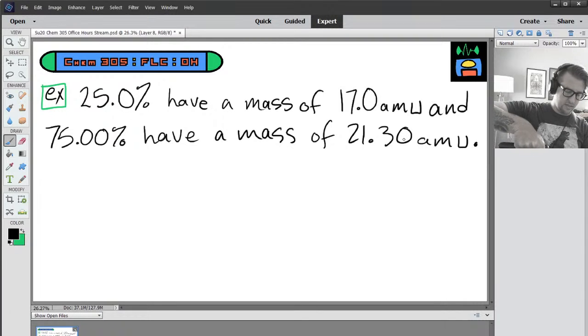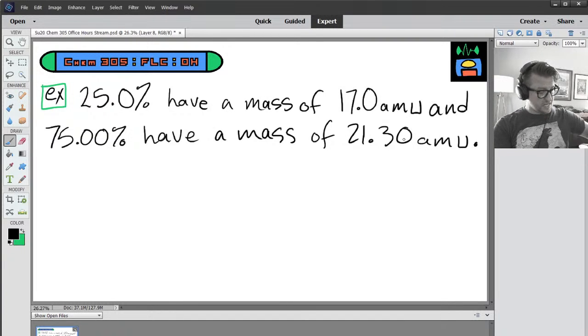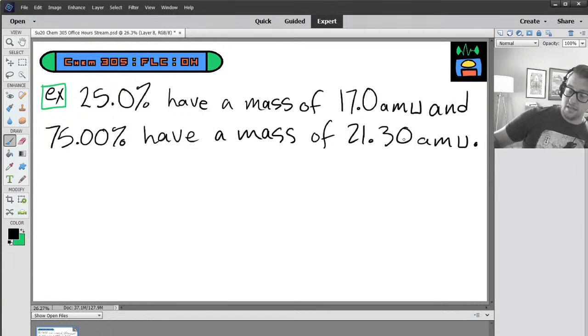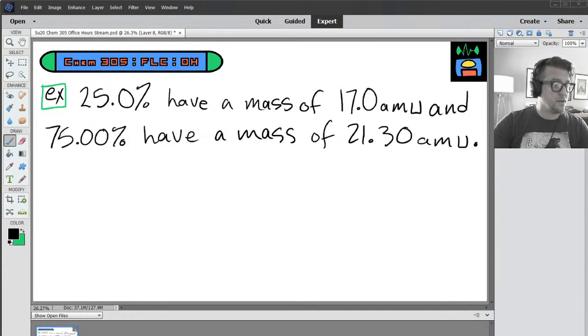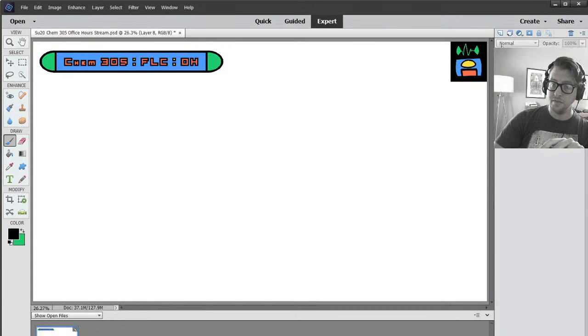So let's go ahead and take a look. This is similar to the problem that I did last office hour, which was Saturday. I'm going to open up a new page.